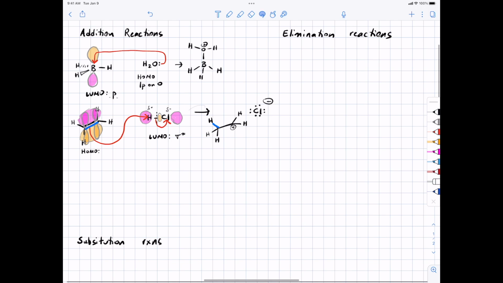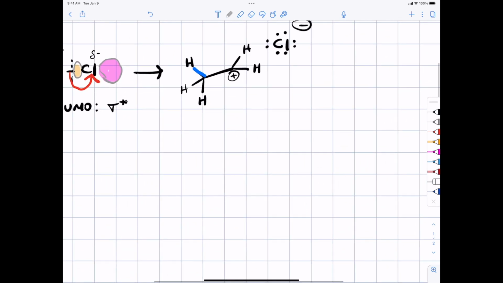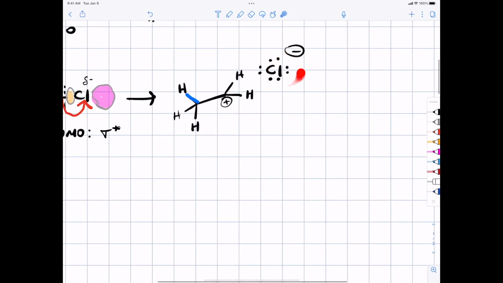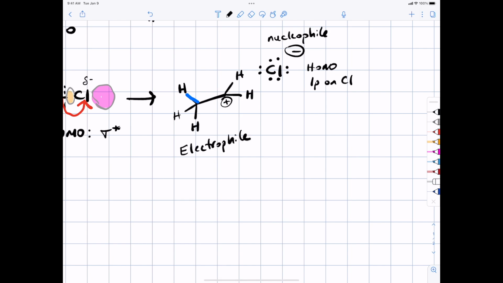If you want to go further down the rabbit hole, we have another addition reaction we could do here because we have a negatively charged chloro, which could now be our nucleophile, with the HOMO being lone pairs on chlorine. And this positively charged carbon can be our electrophile, and the LUMO would be what?